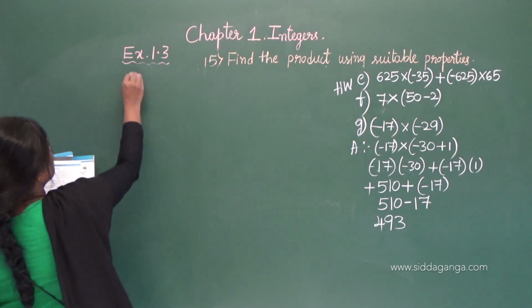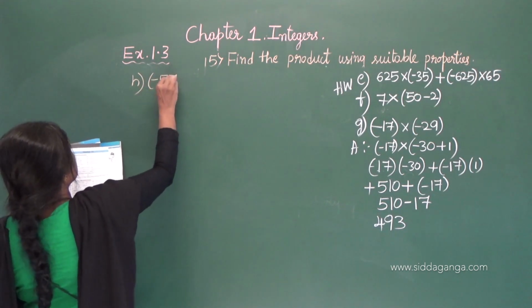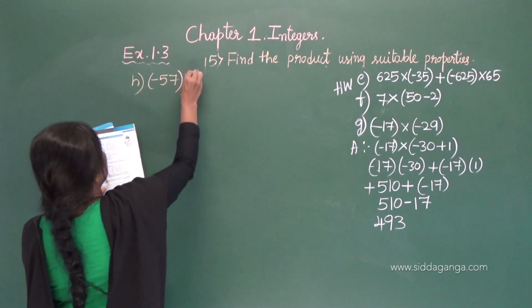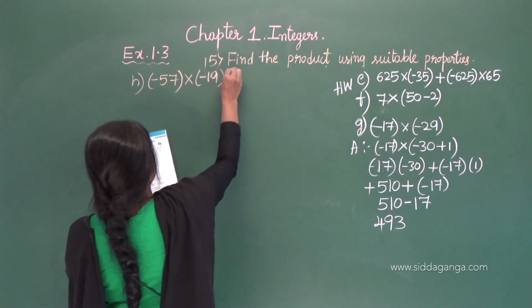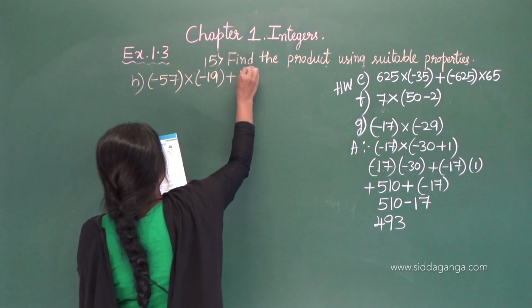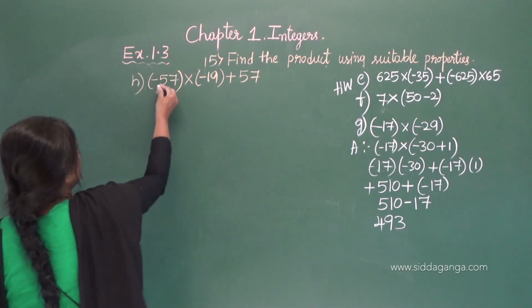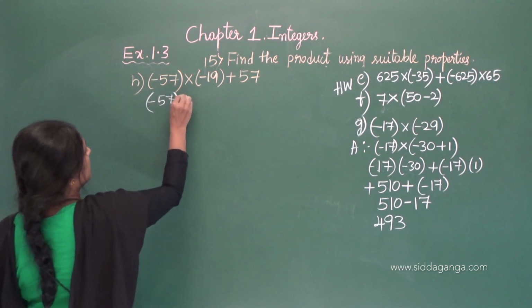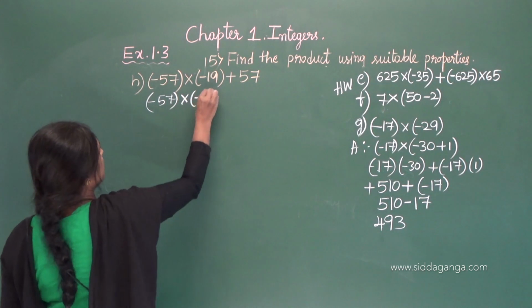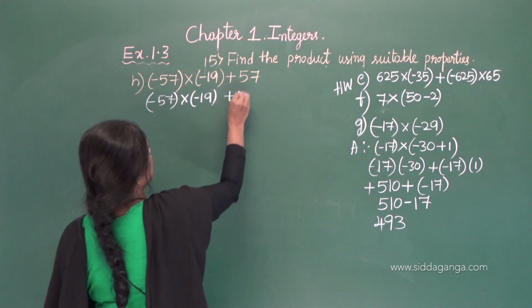H is like this: minus 57 into minus 19 plus 57. Here we have 57, so let me write it down. Minus 57 into minus 19 comes under one group, plus 57.